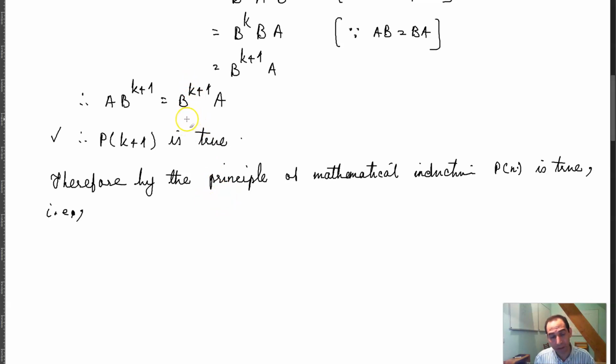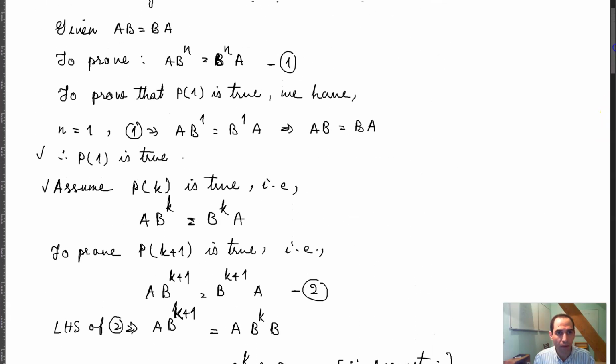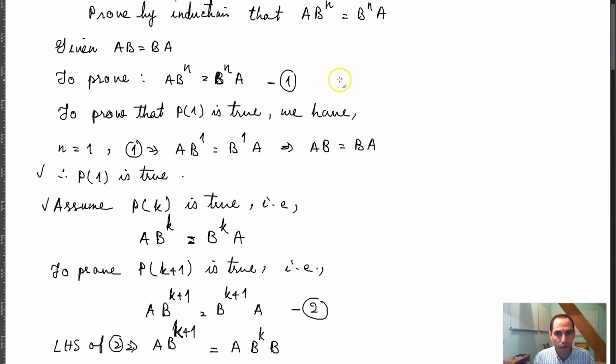Well, it's always a good idea to identify your P of n from the very beginning, because in the end it's hard to find it. Meaning that this would be your P of n, of course.